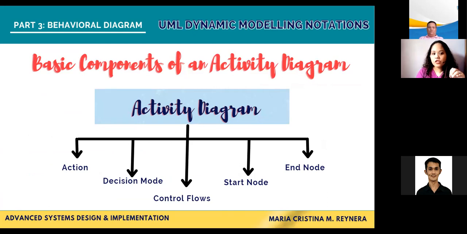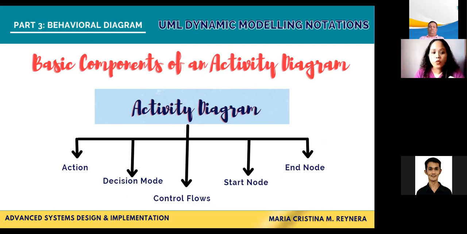The components are action, decision node, control flow, start node, and end node. The first is the action. An action is a step in an activity wherein the users or software perform a given task. The next one is the decision, a conditional branch in the flow represented by a diamond. We know that in programming we usually use the diamond symbol for decisions.